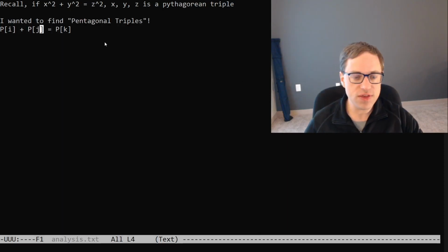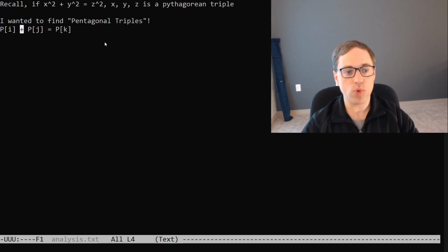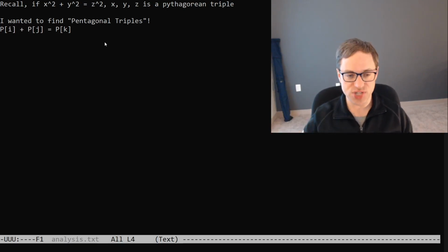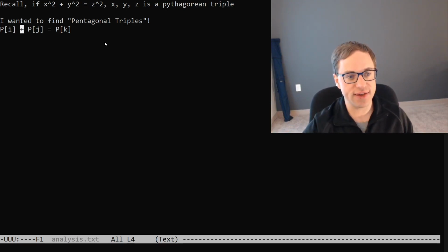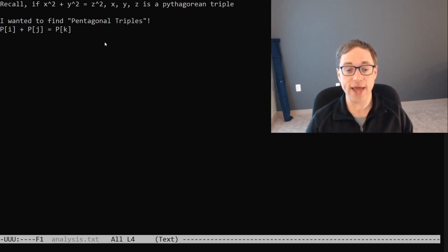And so this equation, when expanded out, would have i squared plus j squared equals k squared in it, along with some other terms. And so I was hoping to find a nice formula for finding these pentagonal triples.